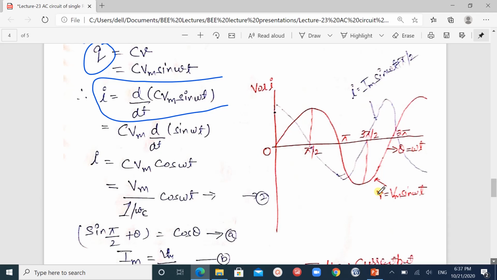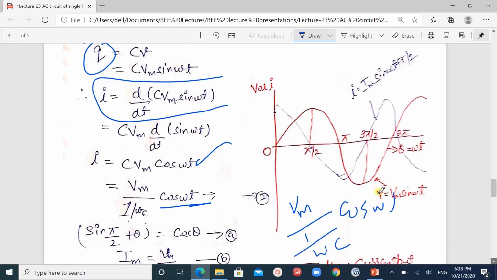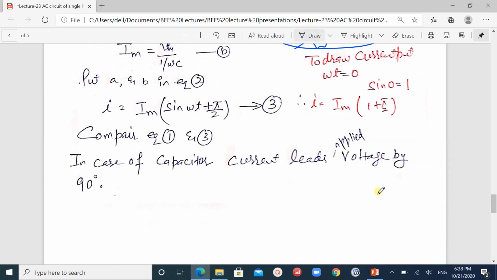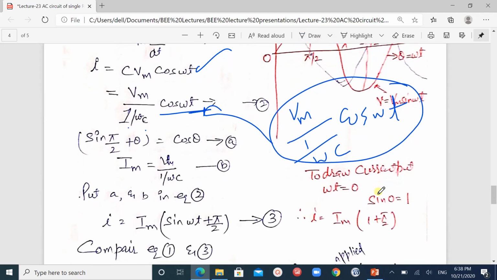So I is equal to omega C Vm cos omega t, and this can be written as Vm upon 1 upon omega C, cos omega t. This is the equation. So we convert this cos omega t into the sine form.